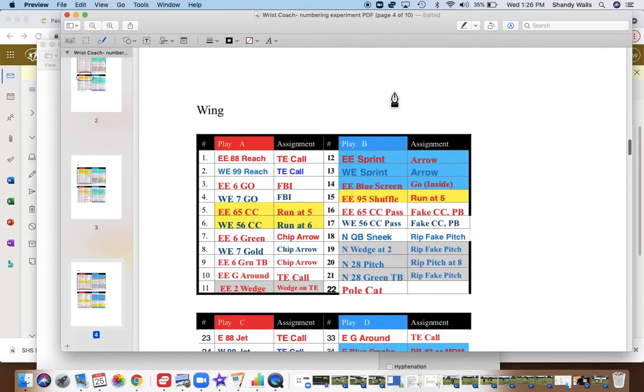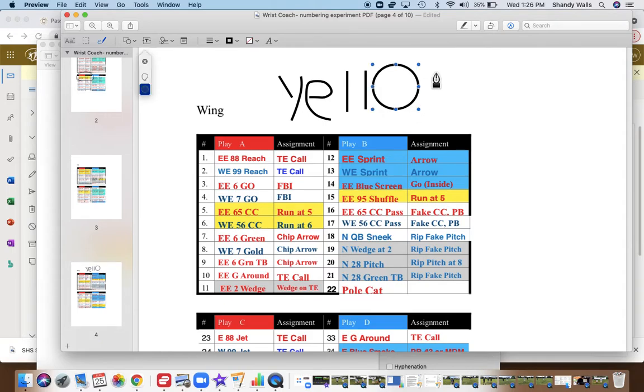If it's in yellow, let me see if I can write this out, guys. Y-E-L-L-O-W. Anything that's kind of a W. Anything that's in yellow equals you're getting the ball.